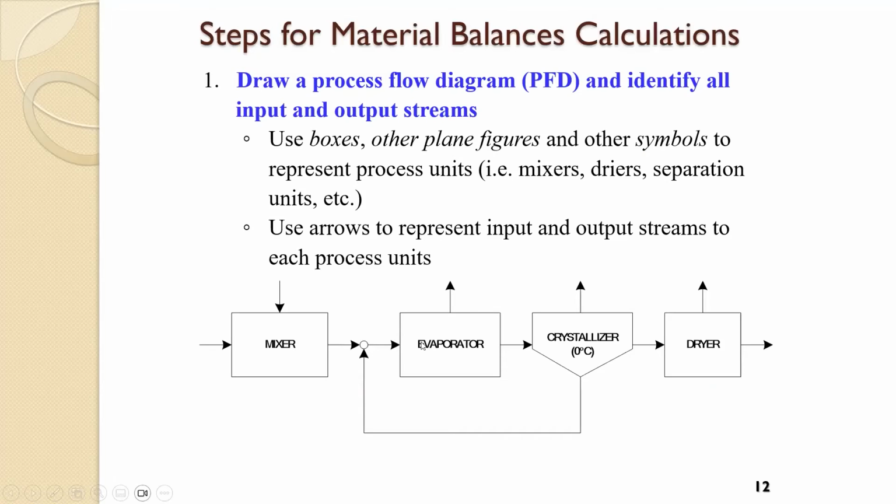You have an evaporator. So in the mixer, there are two reactants being mixed, for example, and then the product here, you notice there's a circle. That node is a mixing point of whatever is the product of the mixer and whatever comes out of the crystallizer, right? So here, it could be the mother liquor being mixed with this, and then after that, you evaporate that.